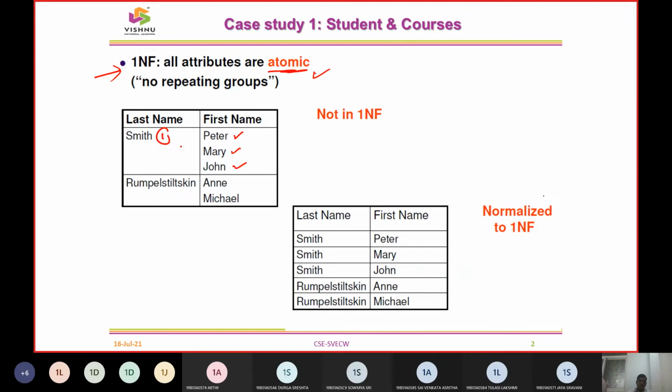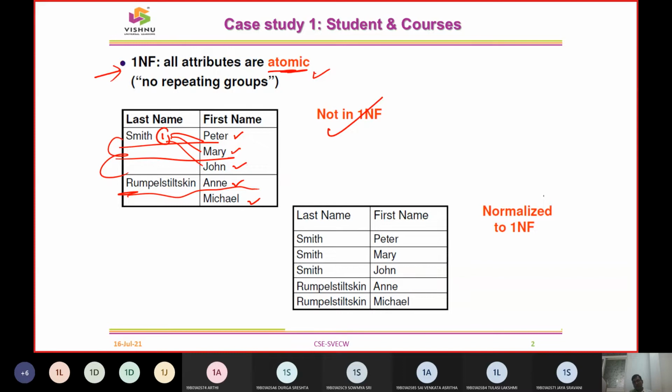So Smith is going to be repeated across three more columns. Similarly, Mr. R is there with Anna and Michael, and it occurs only one time. So again the column is not going to be unique, and there are some empty cells. Therefore, we call that entity not in the first normal form.